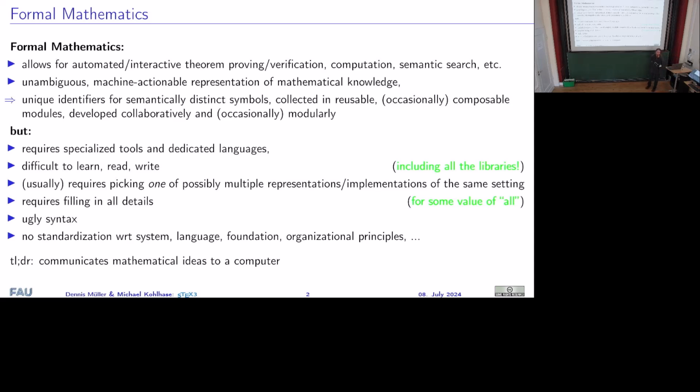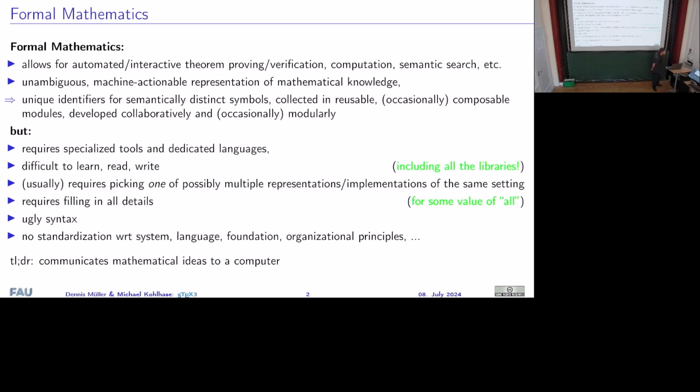And then we can collect those in libraries, and we can share these libraries and work on them communally and collaboratively, depending on the language, occasionally modularly. Yeah. So all of these nice things that formal mathematics has, especially in comparison to informal mathematics.